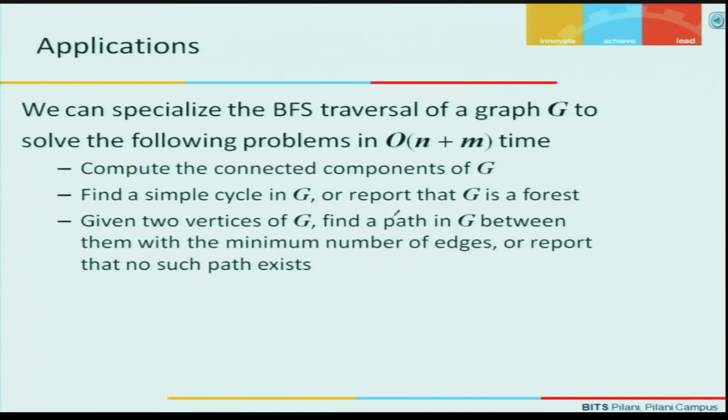Again like DFS, this can tell whether a graph has a cycle or not, can check the connected components of the graph, can check for a simple cycle or a cycle and decide whether the graph is a forest, and more importantly, given two vertices, it finds the path which has the minimum number of edges. Or in case the graph is disconnected and these 2 points are not in the same connected component of the graph, it will return that there exists no path between the two vertices.